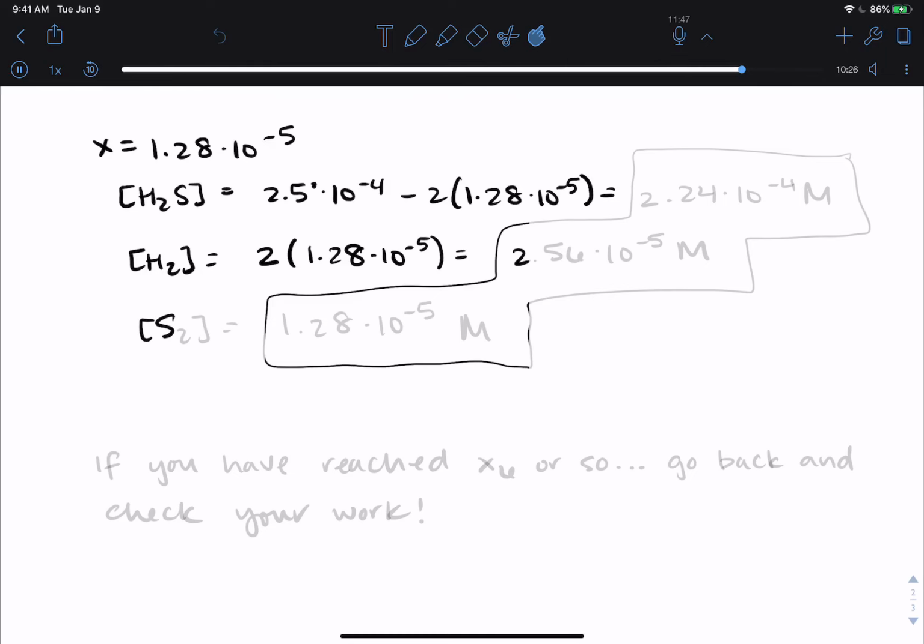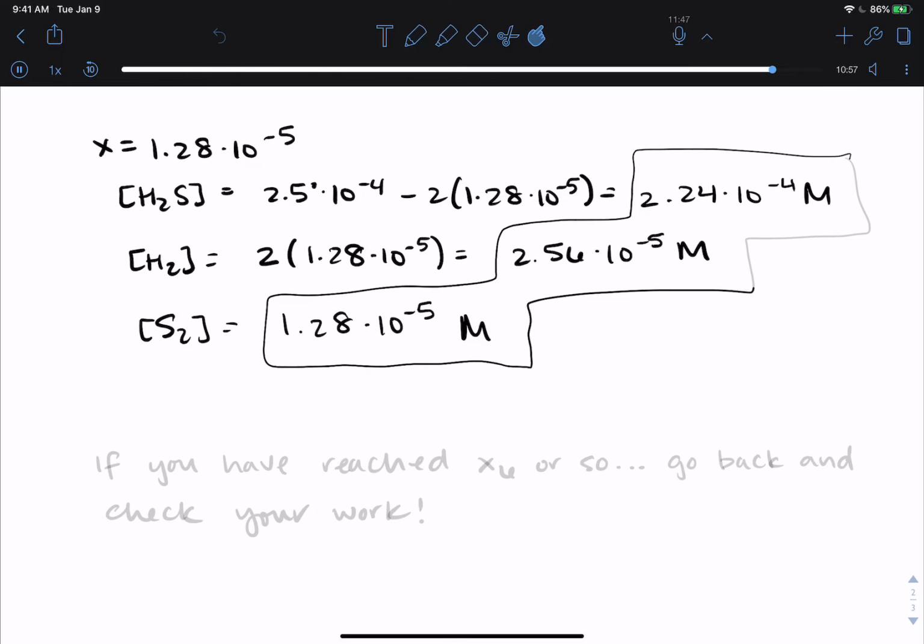And for S2, it's just equal to x. So put a unit on that one. The H2S is 2.24 times 10 to the minus 4th molar. And the H2 is 2.56 times 10 to the minus 5th molar. So these three values are my actual final answers for this problem.